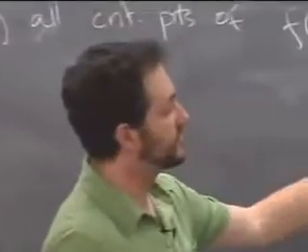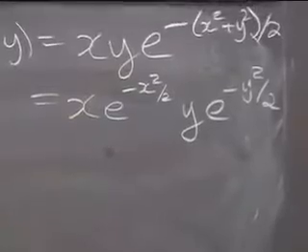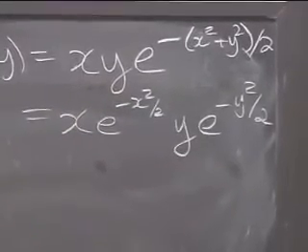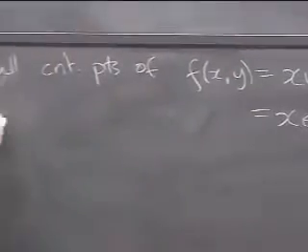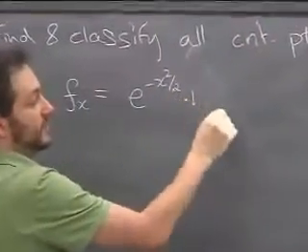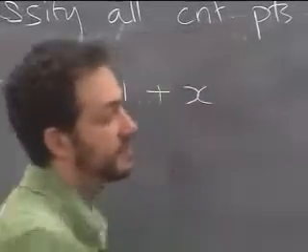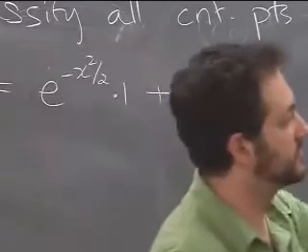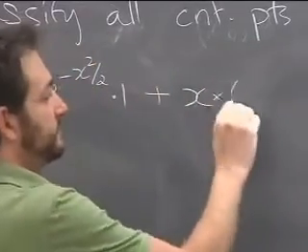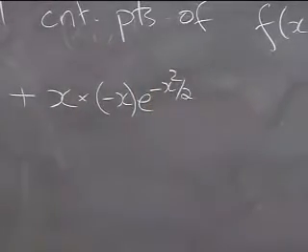But if I'm differentiating with respect to x, then all this junk is constant, and I can just differentiate this, which is a single variable problem. If I use the product rule, I get v du dx, which is 1, plus u times the derivative of e to the minus x squared over 2, which if you compute it is minus 2x over 2, so it's minus x e to the minus x squared over 2. That's what it works out to be.